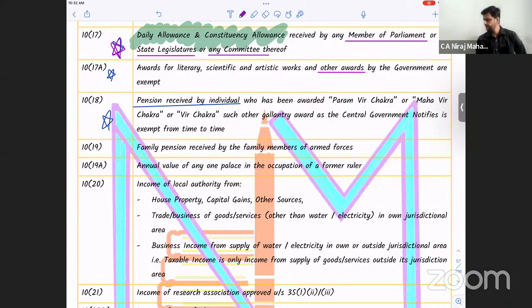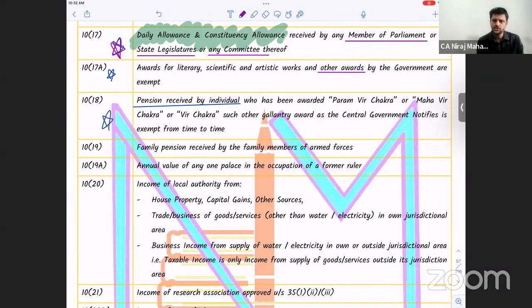Some kind of recognition by the government. Understood or no? Correct? All right. We'll go ahead, everybody. Then for sports, you have Dronacharya Award, Arjuna Award. So we have such kind of awards. We have Khel Ratna also, by the way, for sports. Anyways.